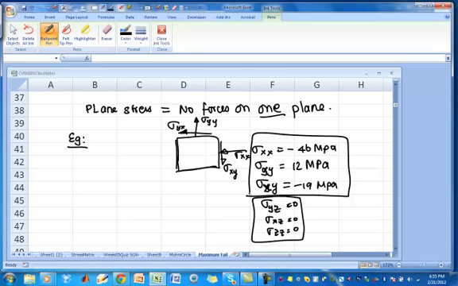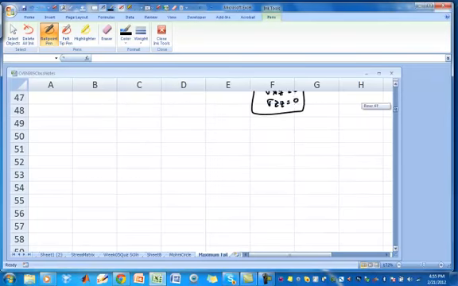Okay. So if I want to find out what's the force on some angle like that, what's the stress, sigma, tau equal to how much? We now know the formula, right? So I'm going to write down the formula because we're going to use it.